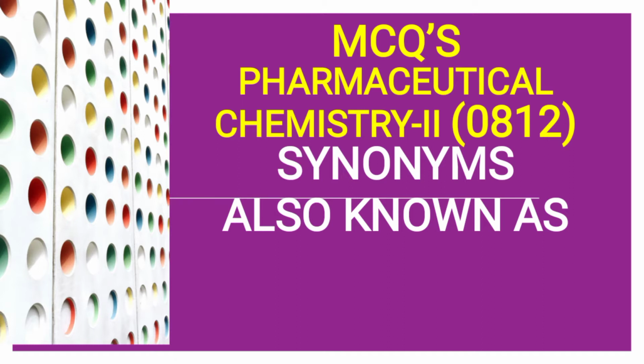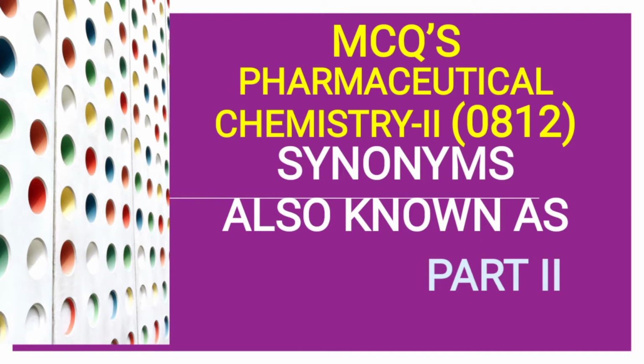So here we are going to talk about part 2, in which we are going to see a few of the MCQs. Now this part 1, part 2, part 3, part 4 for synonyms covers the entire syllabus of your Pharmaceutical Chemistry 2, wherein the synonyms which are important from the exam point of view are included.